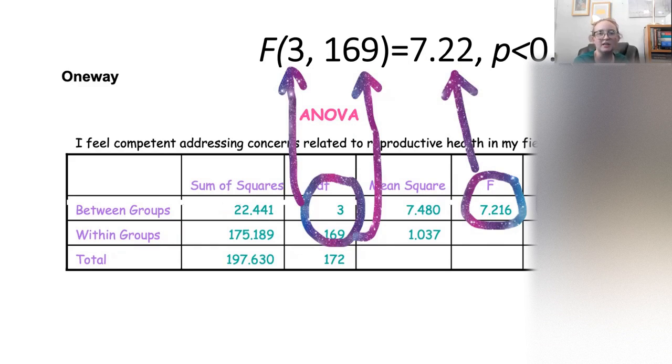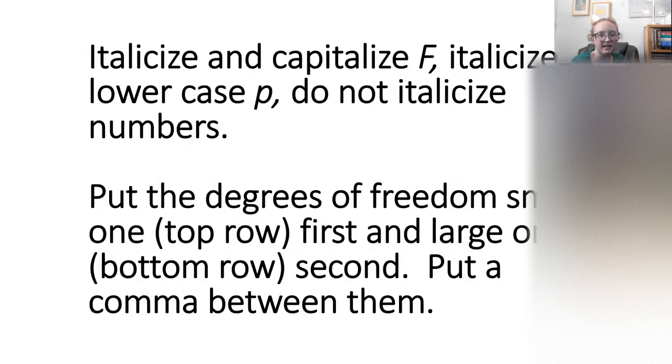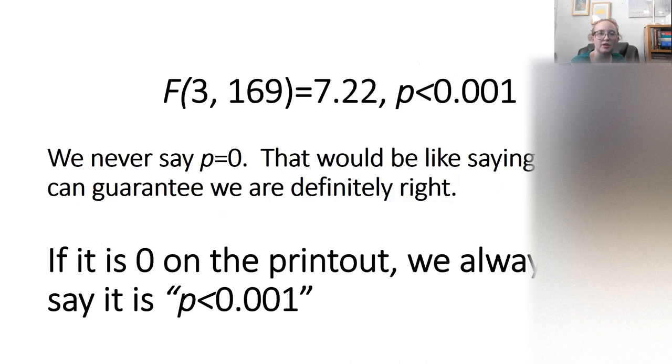I put the comma between them. And so it's basically the same. I was noting, do make sure you list the small number from the top row first, and then the bottom degree of freedom second.